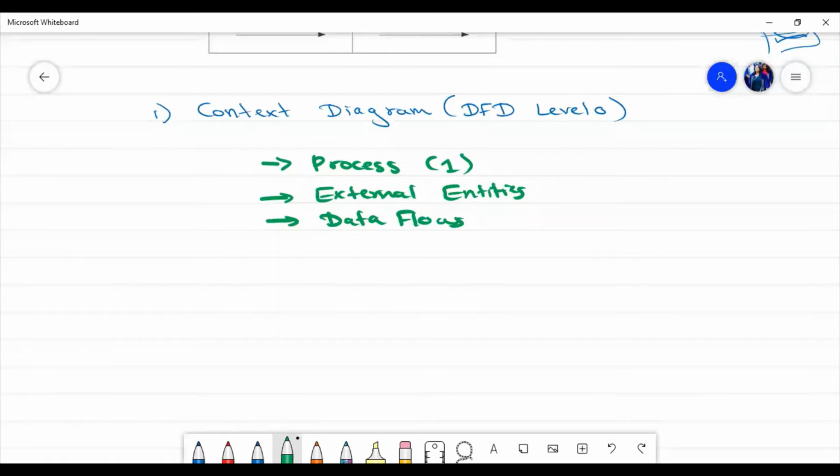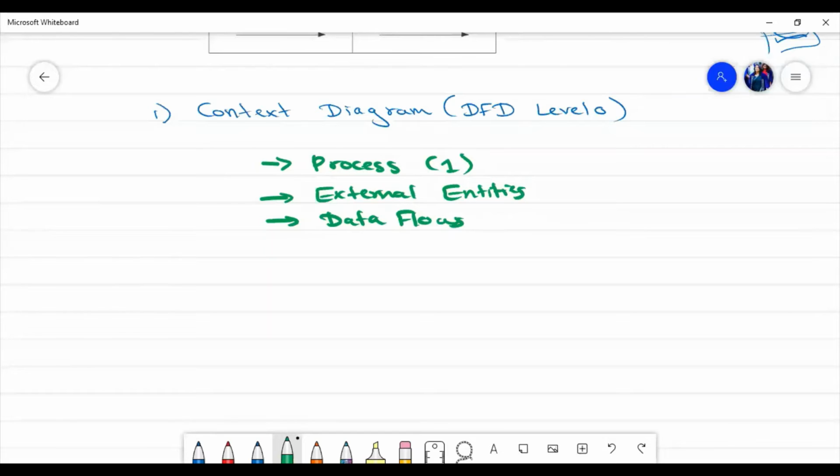These three are the things that we are going to use when drawing a context diagram. No data stores are involved in the context diagram. If someone has drawn a data store in the context diagram or the level 0 diagram, that means the diagram is wrong. Clear? So these three are the symbols that we are using.